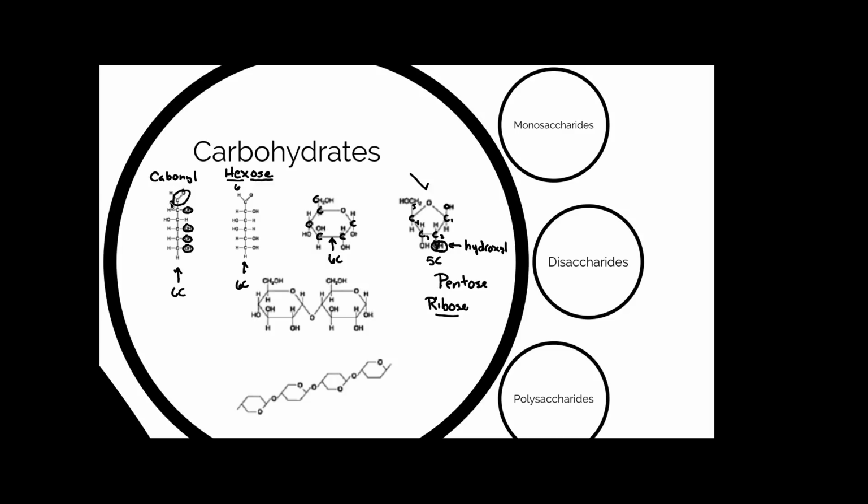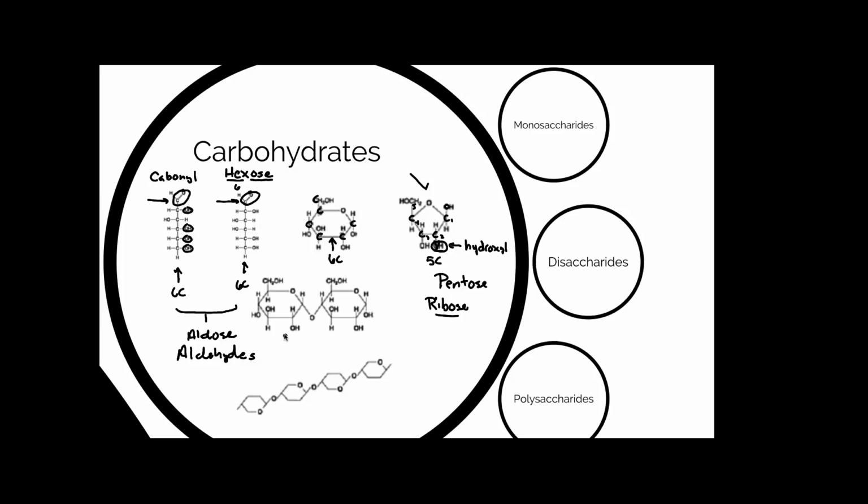And if that carbonyl group is located on an end carbon, like it is here, and we've got the same thing happening here, these two sugars fall into a group called aldose sugars, or sometimes we call them aldehydes. Those are the kinds of things you can learn just by looking at the structure and knowing something about them.